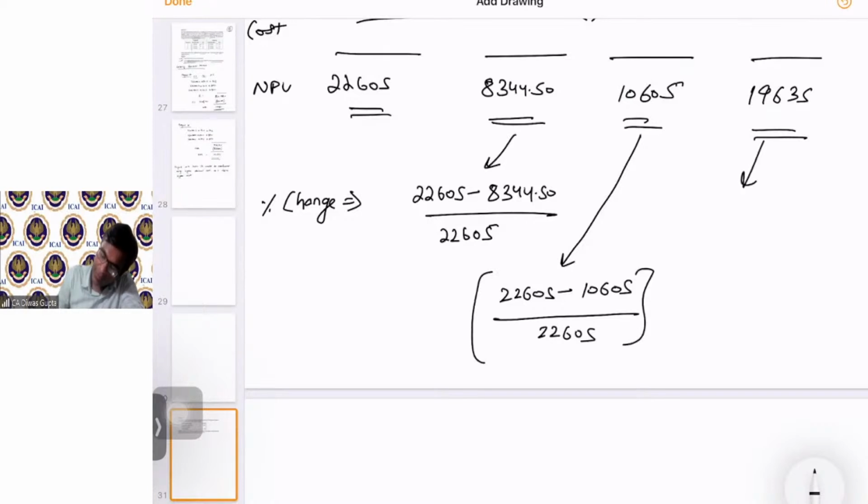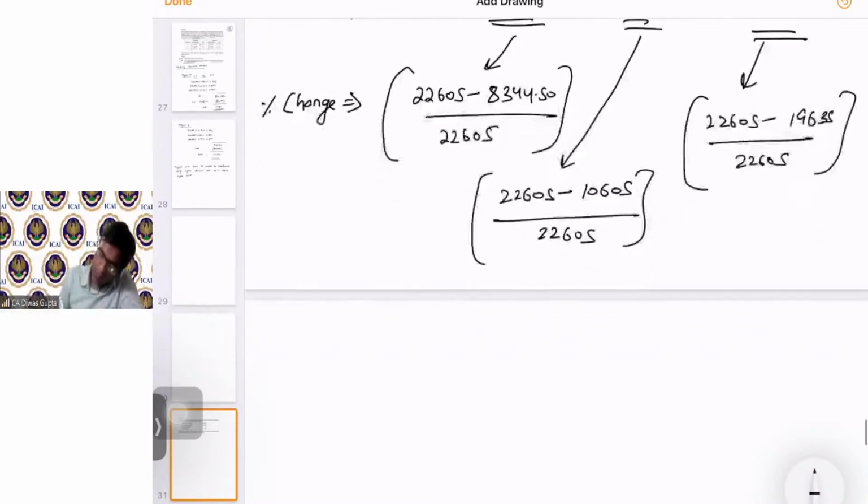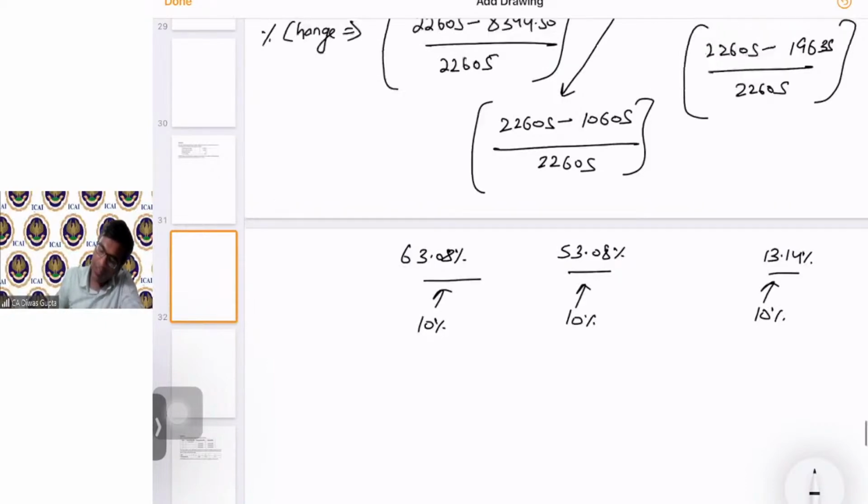And ultimately for this, it will be 22,605 minus 19,635 divided by 22,605. So if I just put the values, it becomes 63.08 percentage, 53.08 percentage, and 13.14 percentage. So 10 percentage change in inputs is driving these percentage change in NPV.